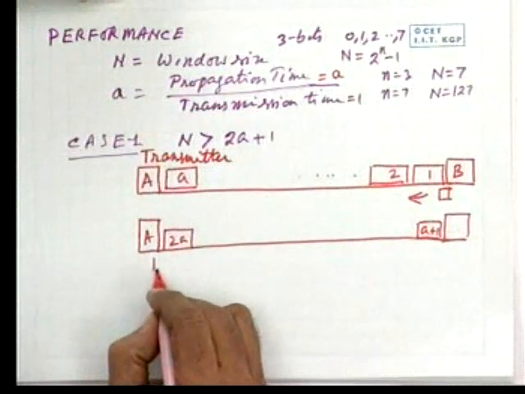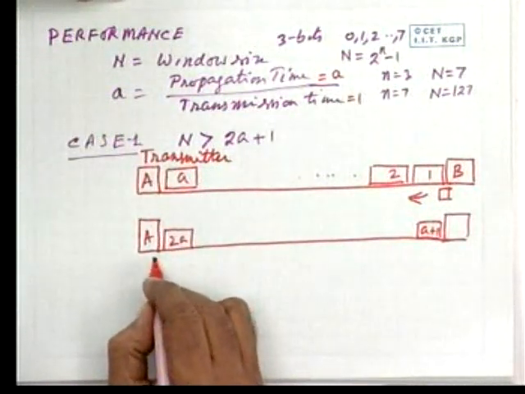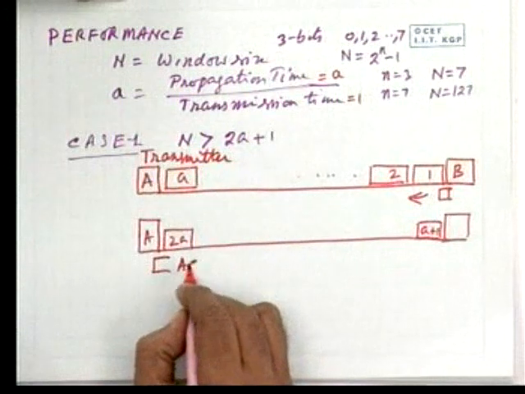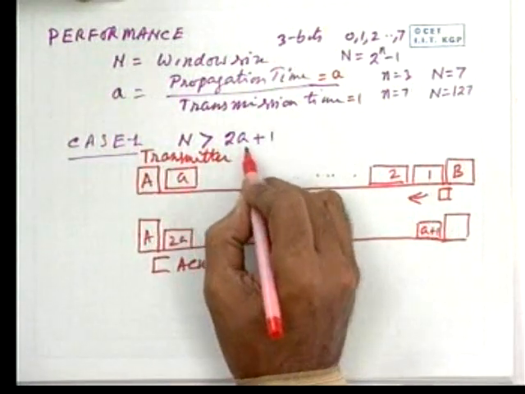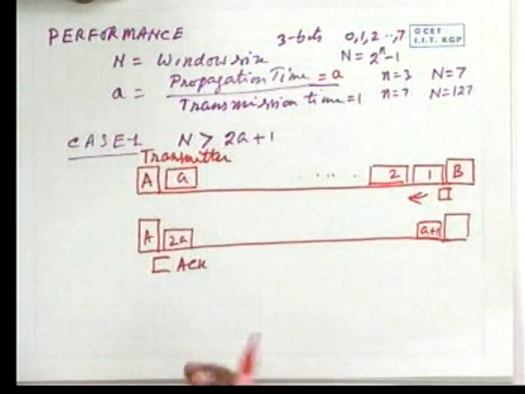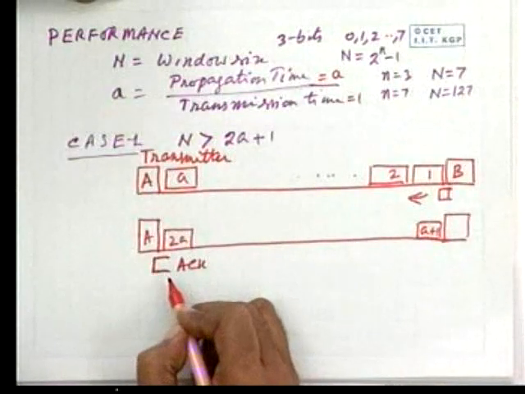And by that time, this is your acknowledgement frame has reached. Now, since in this case n is greater than 2a plus 1, the transmitter has some frames yet to be sent before this acknowledgement is reached.